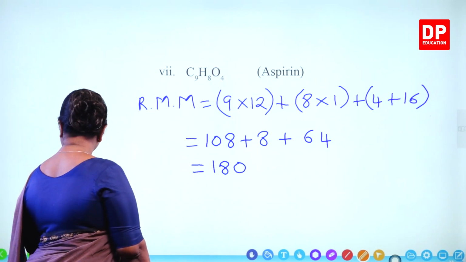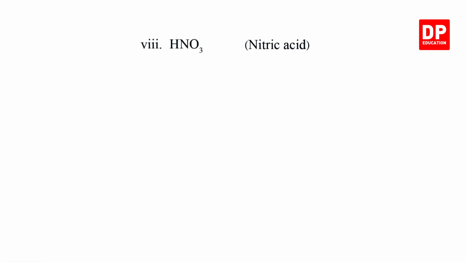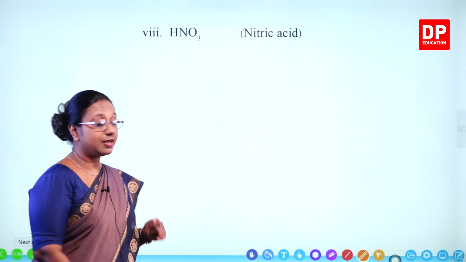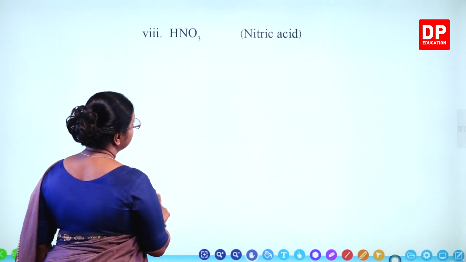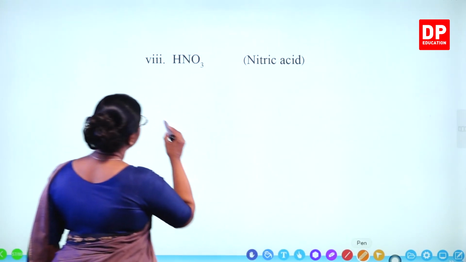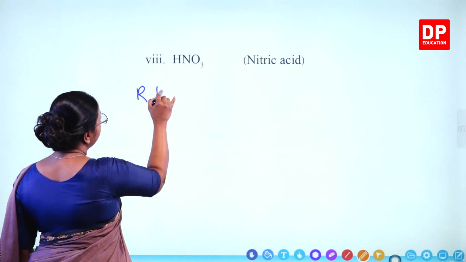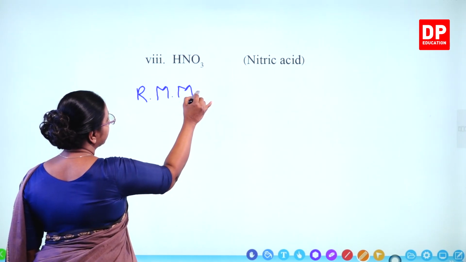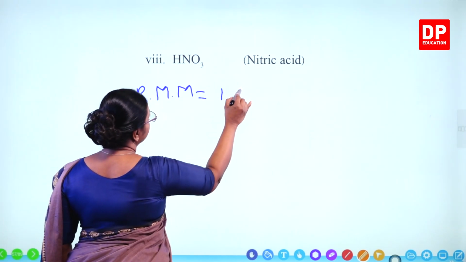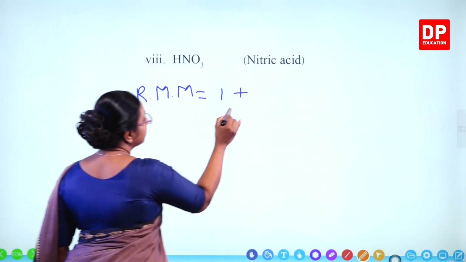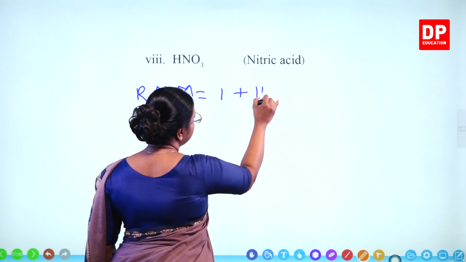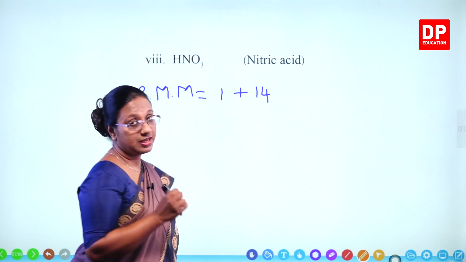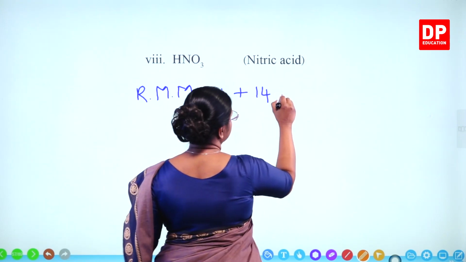Then the next one, HNO3. Now you are all very familiar with calculating the relative molecular mass. So here, HNO3 relative molecular mass. Hydrogen, there is only 1. So 1. Nitrogen, relative atomic mass 14, only 1 nitrogen. Now there are 3 oxygens.